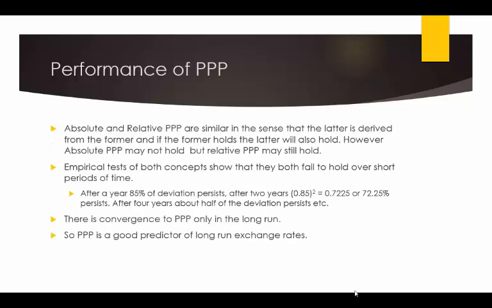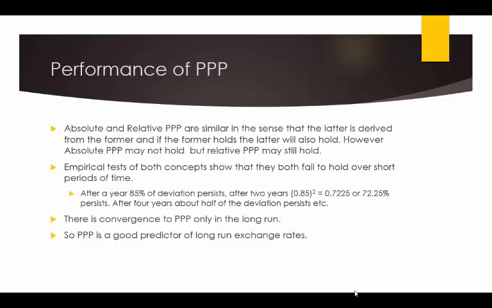The important question that we have to ask at this time is, how well do these PPP concepts pan out in practice? Well, empirical tests of both absolute and relative PPP show that they fail to hold over short periods of time. That is, a real exchange rate not equal to 1 is observed, and after a year has gone by, about 85% of deviation from PPP still remains.